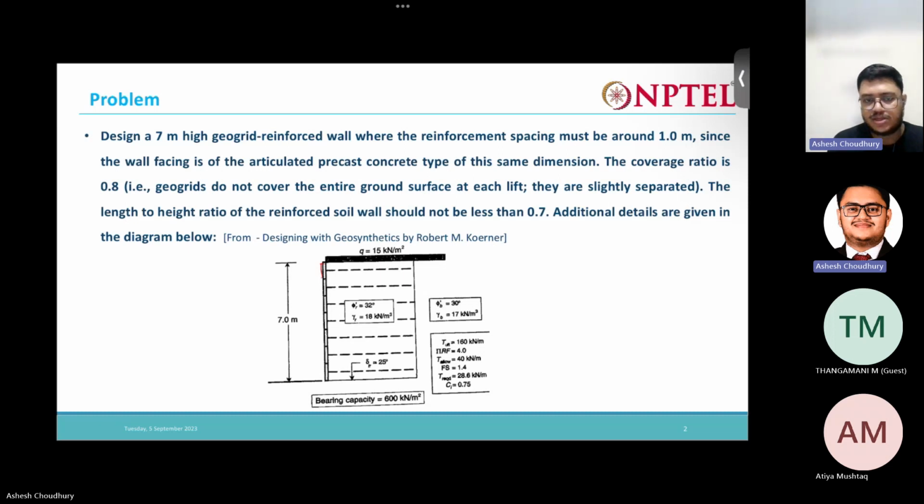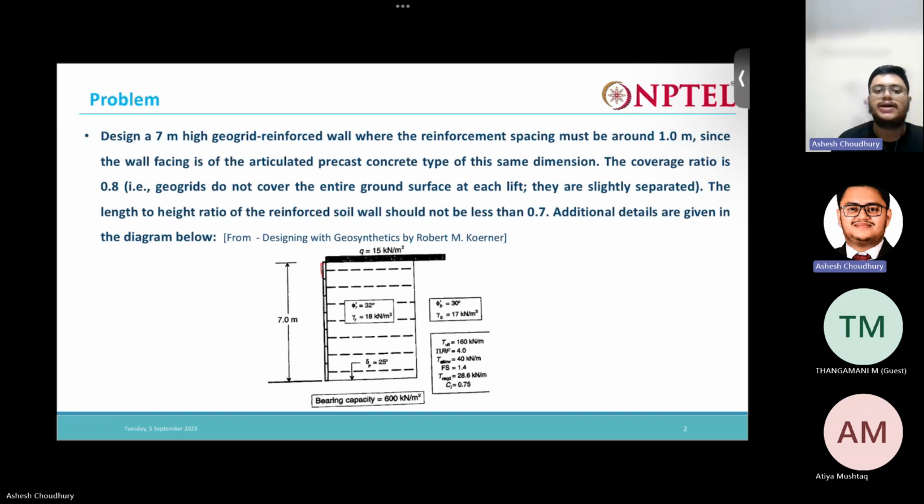For the backfill soil, phi is 30 degrees and gamma is 17 kilonewton per meter cube. We also have the properties of the geogrid. The ultimate tensile strength of the geogrid is 160 kilonewton per meter. Over that, we are using a cumulative reduction factor of 4.